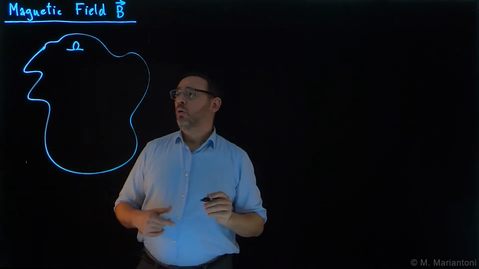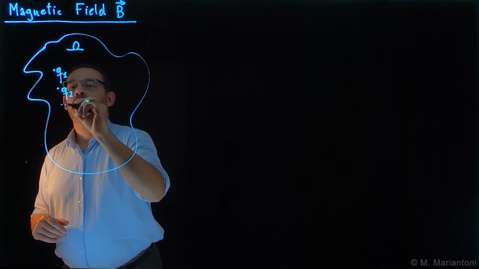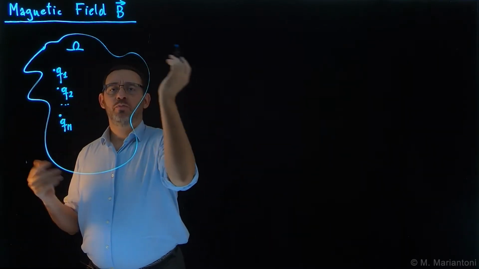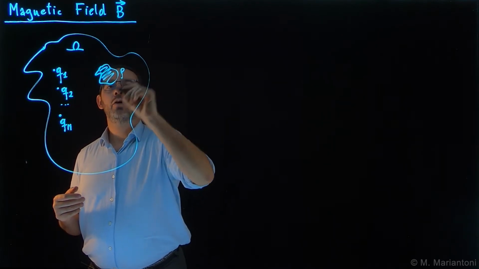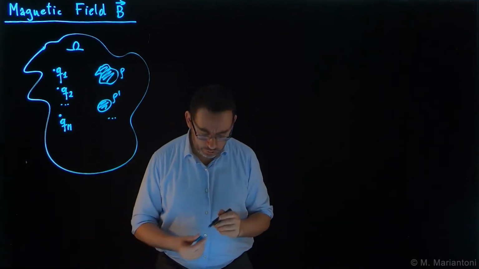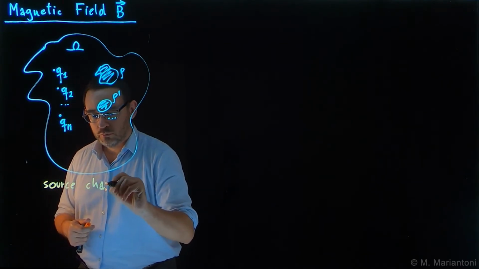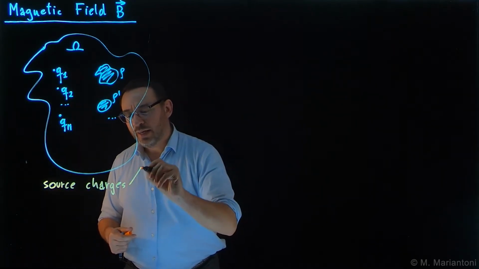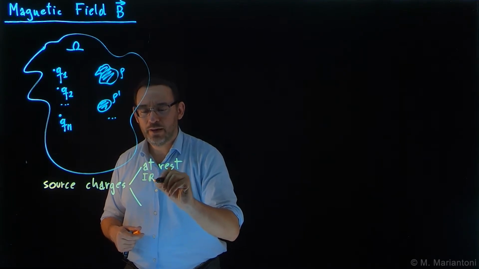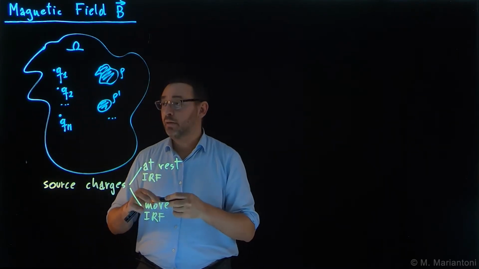So in this region, capital Omega, we can have a discrete set of charges, for example, Q1, Q2, etc., all the way to, let's say, Q capital N. We can also have a set of continuous charge distributions, for example, with volumetric densities rho, rho prime, etc. It can happen that these source charges are either at rest in an inertial reference frame, IRF, or they move in the same inertial reference frame, IRF. These are the two possible options we have. They can either be at rest or they move.